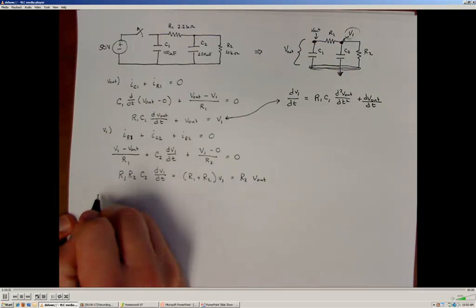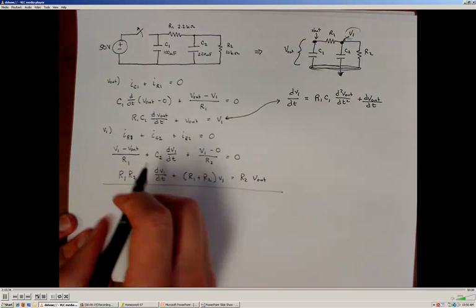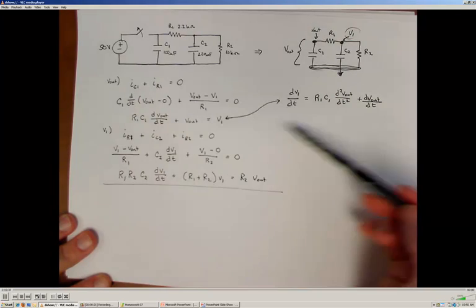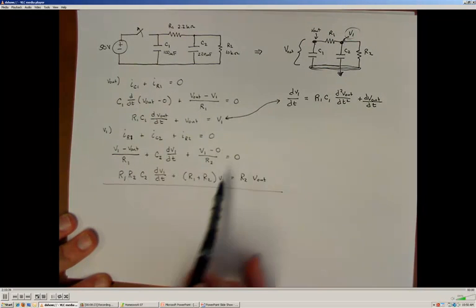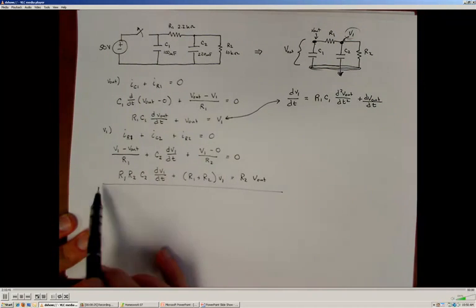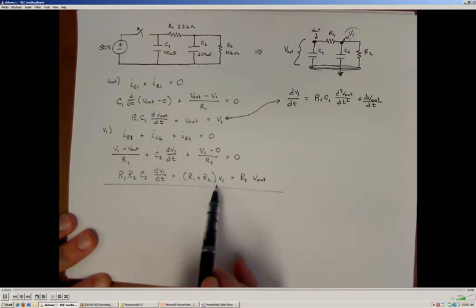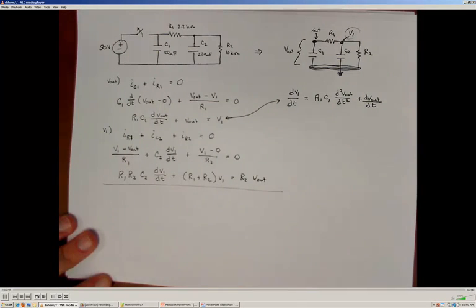My first term here is substituting the V out relationship that I got right here back into this equation. What I'm trying to do is eliminate my V1 variable and get everything in terms of V out.